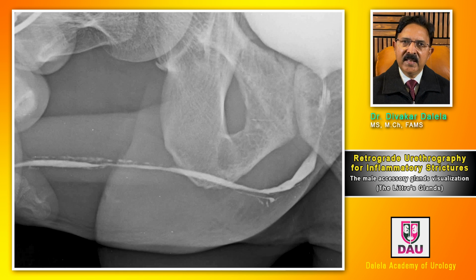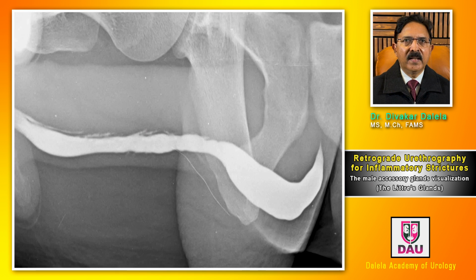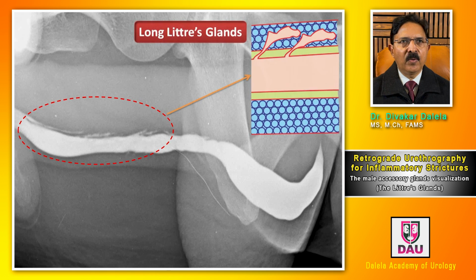Now here is another urethrogram film of inflammatory urethral stricture. When you see what is there within the red circle, you notice that these are all Littre's glands which are opening obliquely in the urethral lumen. If you look at this retrograde urethrogram film and concentrate on what is lying within this red circle, you will notice that they are very, very long Littre's glands.